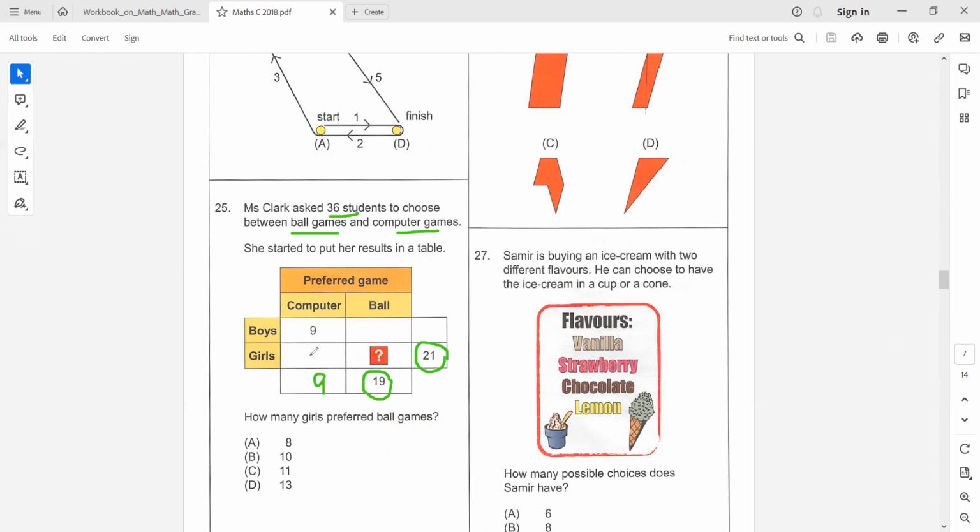Because no girls, right? And boys, no balls. But when you add computer and balls, 19 plus 9 is 28. But we have 36 students, right?